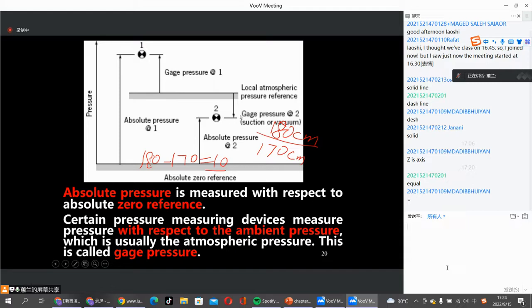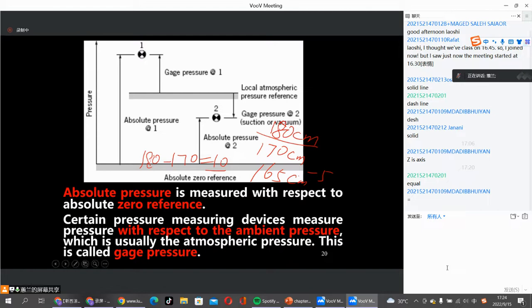Sometimes the gauge pressure could be minus. Why? Because if the absolute pressure at point two is lower than the local atmospheric pressure, the gauge pressure should be minus, just like if a guy is only 175 centimeters, relative to the average height it should be minus, right?